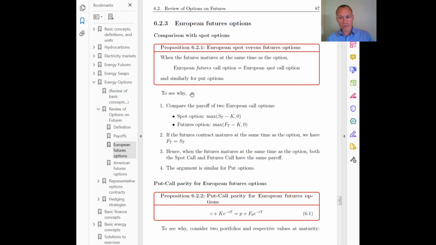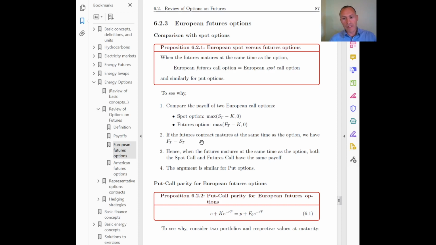Okay. So to see why that is the case, think about the payoffs. If it is a spot option, the payoff of a European spot option is given by this expression: the difference between the final spot price and the strike price, if that is positive, or if it is negative, then 0. If it is a futures option, then as we have just seen before, instead of an S there, what I get is the futures price at the maturity date.